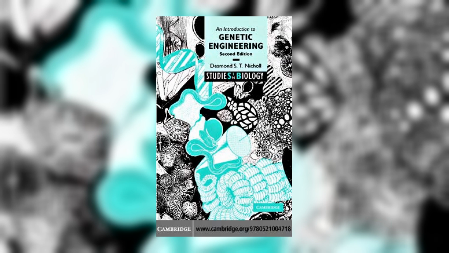Every expression host sits on one axis, cheap and robust at one end, faithful at the other. E. coli grows fast and costs nothing, but it cannot glycosylate. Climb toward yeast, then baculovirus, then mammalian cells, and you buy post-translational authenticity at rising cost and rising fragility. The pattern generalizes past proteins.